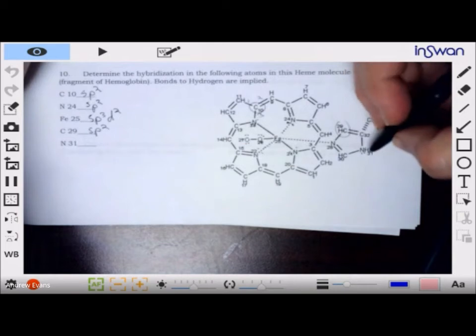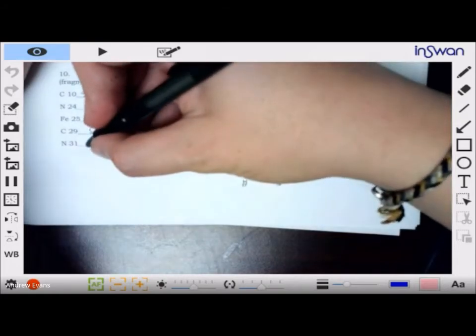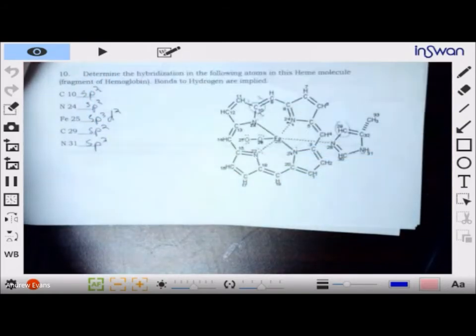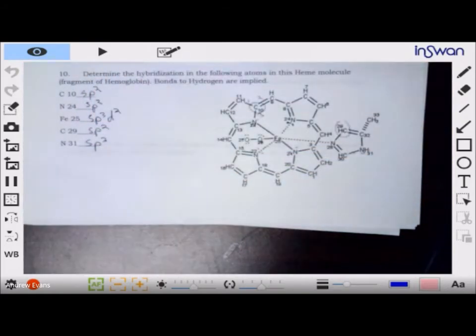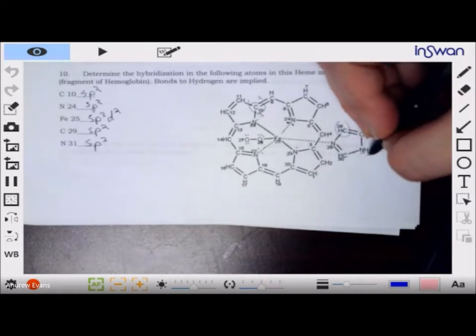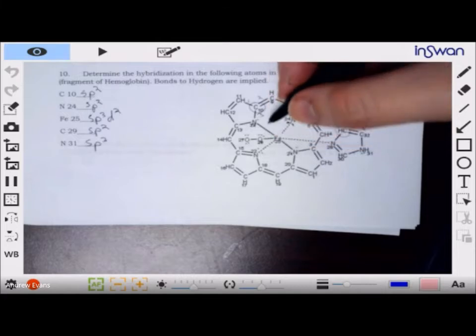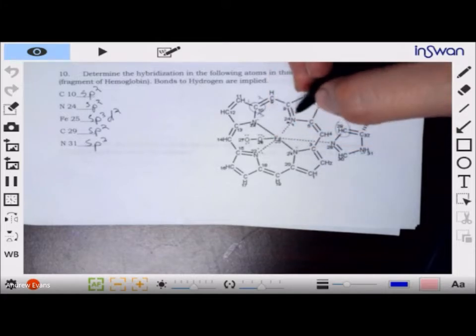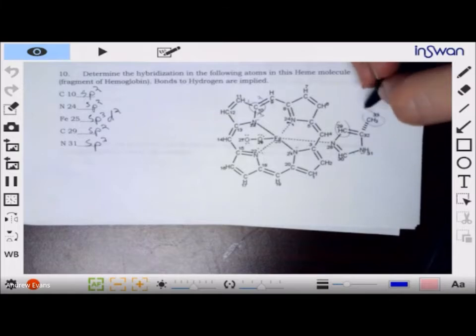And 31 over here. 1, 2, 3, 4. The only sp3 hybridized atom in this molecule. Right there. I mean, technically, I guess the oxygens are sp3 hybridized, and that guy's sp3 hybridized, but everything else.